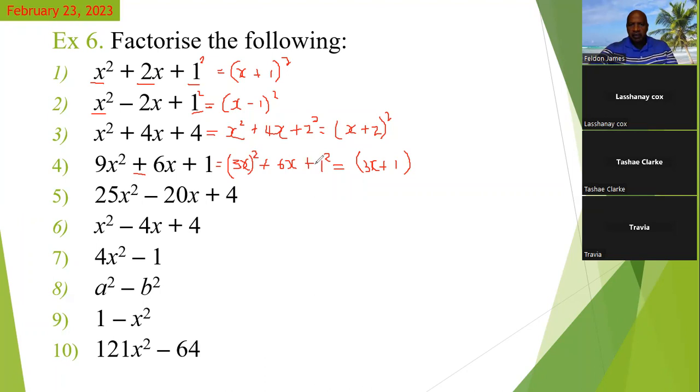You see the squares that we have over the 3x and the 1? Put back the square outside the brackets. All right, and that's all there is to it. Understand it now? Somewhat, I don't fully get it.